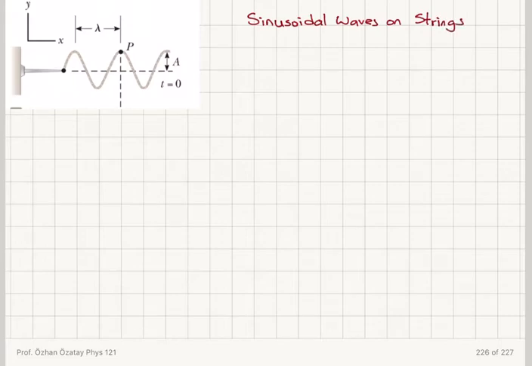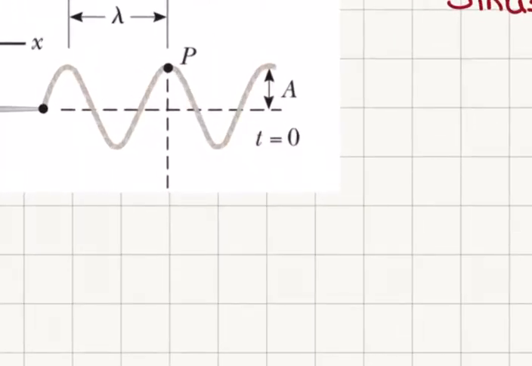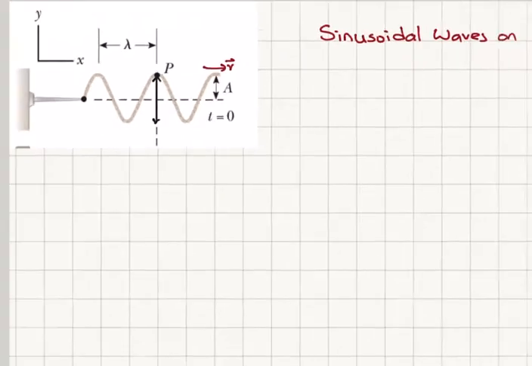So if I look at these string elements closely, I realize that they are moving up and down as the wave propagates from left to right. So this is the propagation velocity of the wave.